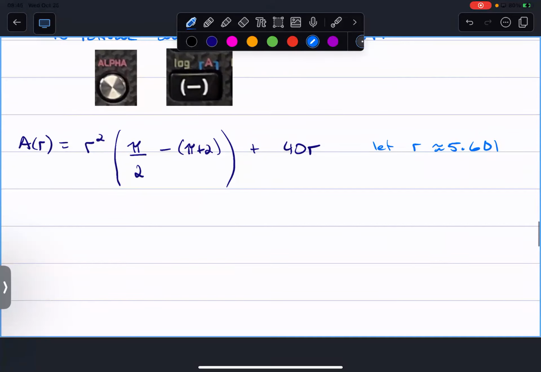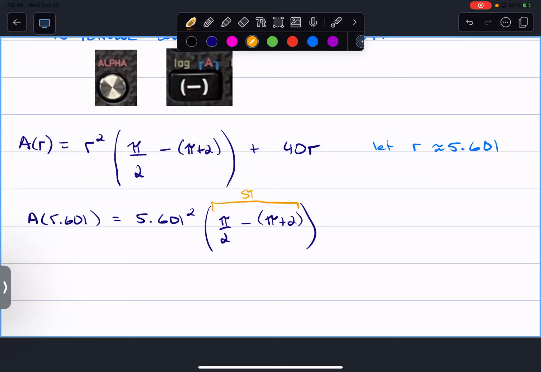So now A of 5.601 is 5.601 squared times pi over 2 minus pi plus 2. But we have that thing saved in our calculator, right? So that's in store A, I think. Plus 40 times 5.601. But this is also stored in B.